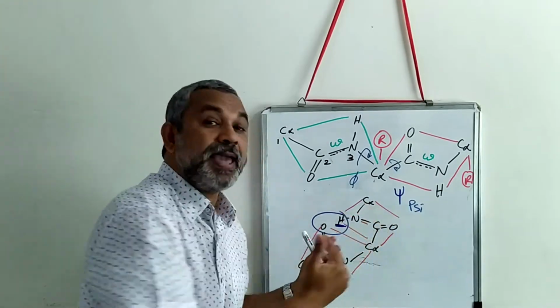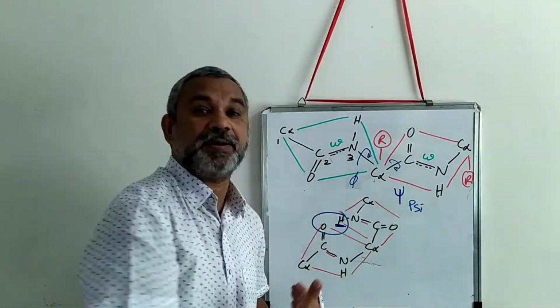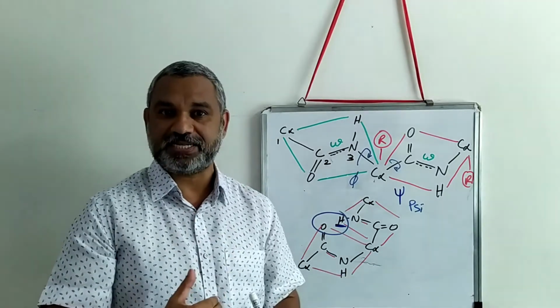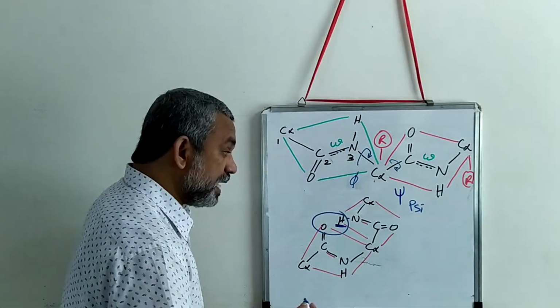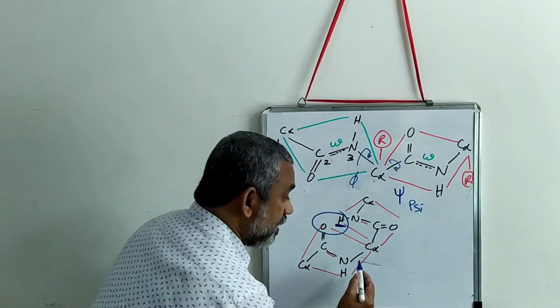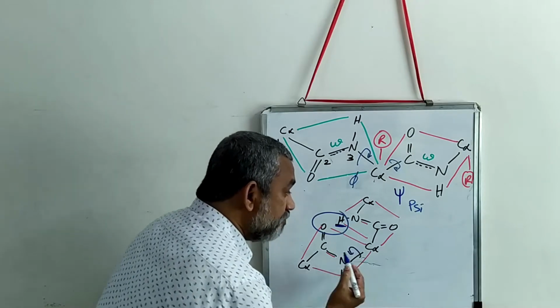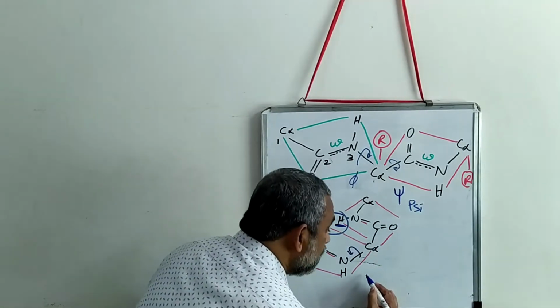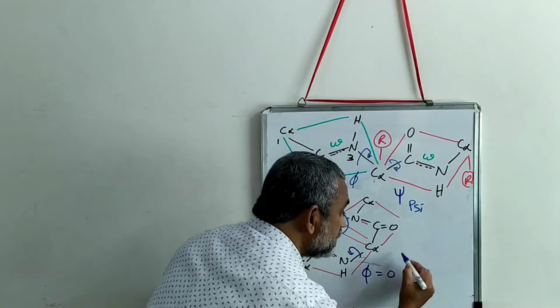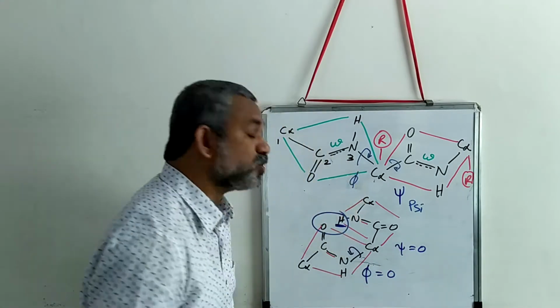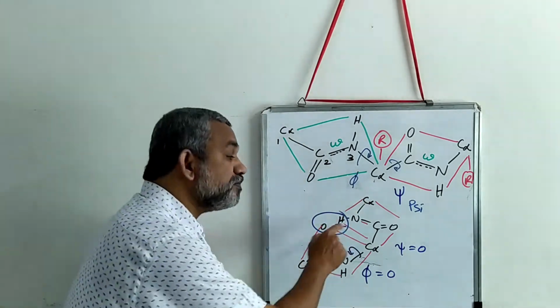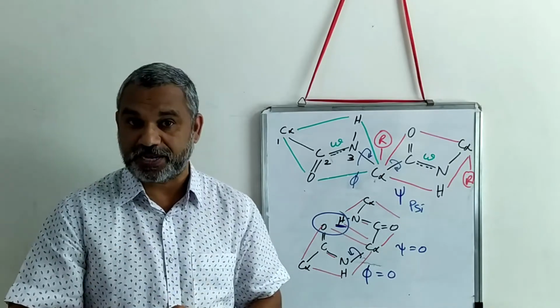So it may not be possible to arrange them in this conformation. That means, if the rotation around this C alpha has phi equal to 0 and psi also equal to 0 in this particular arrangement.